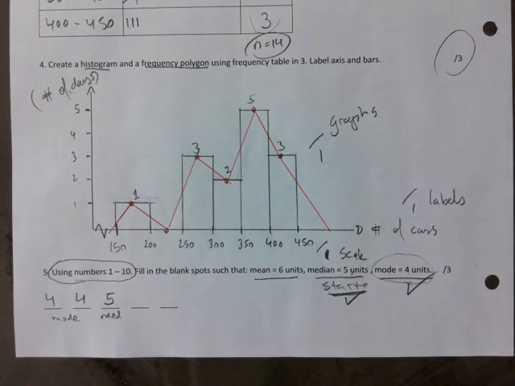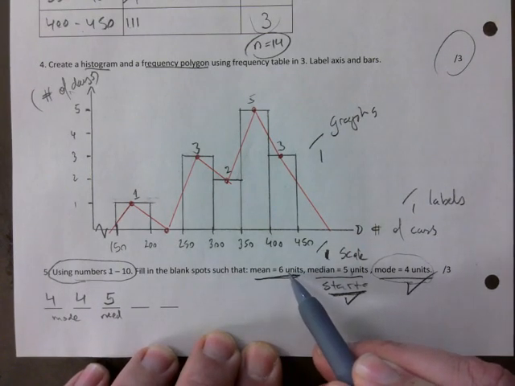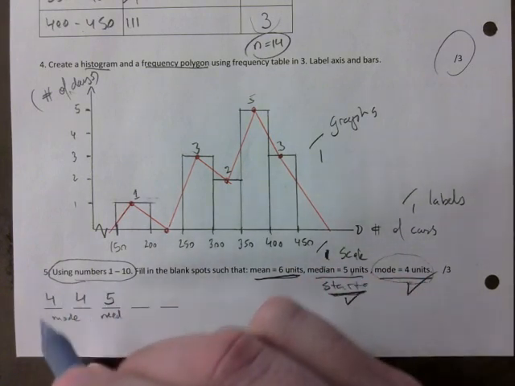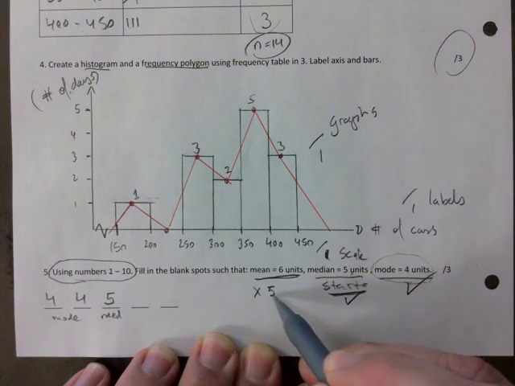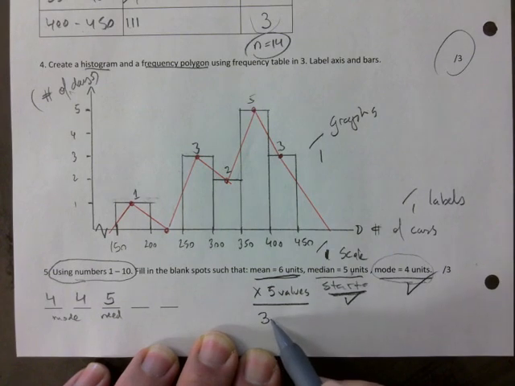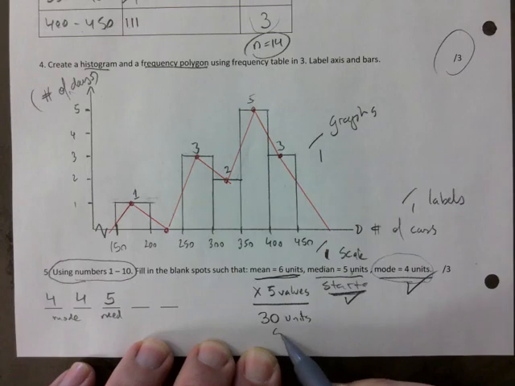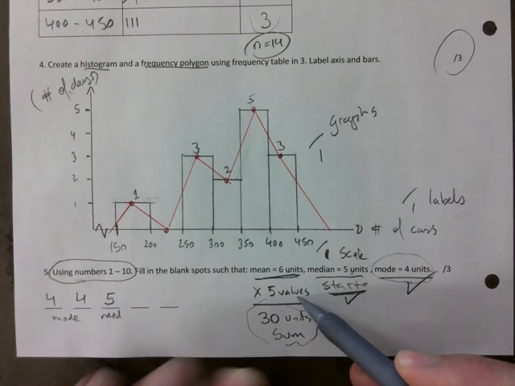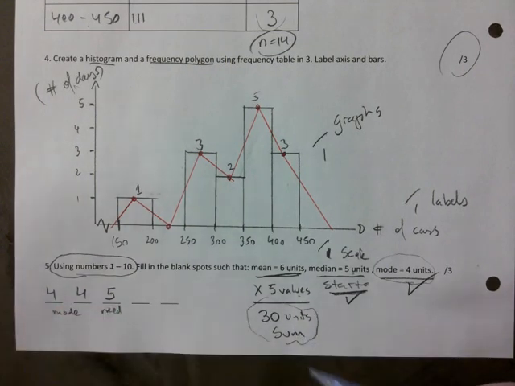And this is the trick on this one. I take my mean, and to get the 6, you divide by the number of values, correct? So I will go times 5 values. So that's 30. This is the sum. I multiply this by 5 values because that's how many I'm considering, to say, if I were to add them all up, what should I get?